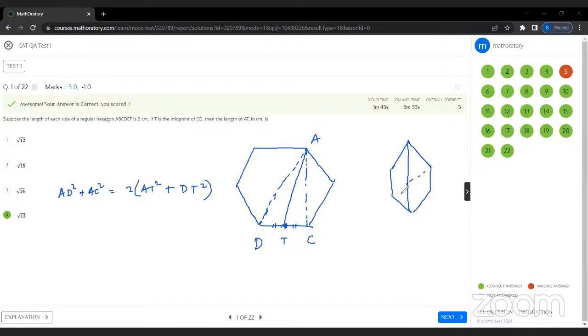If you remember the 6 equilateral triangles wala idea, if you have a regular hexagon, these will be 60 degrees. So ये equilateral triangle होगा. So this diagonal will be twice the side, right? Because this is one of the sides and this is another side, something like that. So this is twice the side of the hexagon.